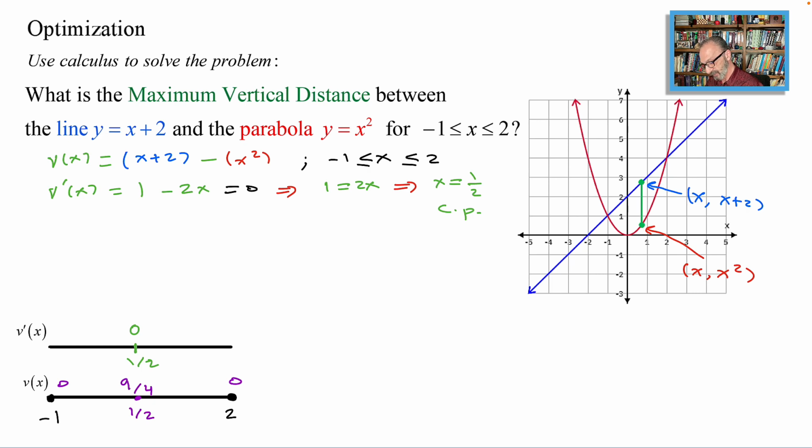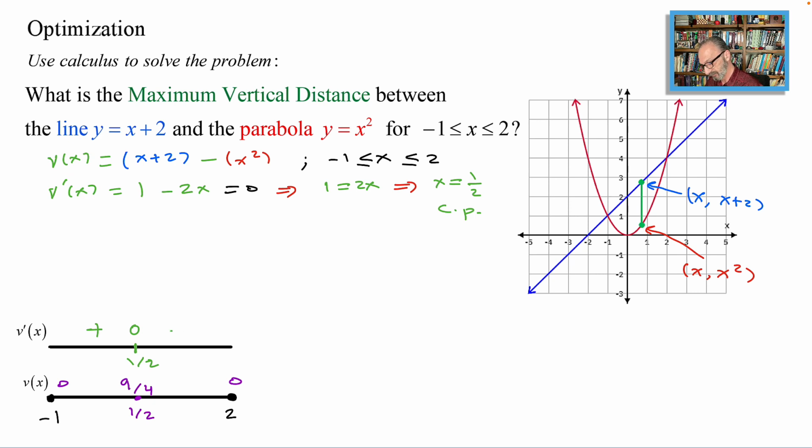For v prime, to the left of half, it's positive. Just plug in any number like 1/4 in v prime, so 1 minus 2 times 1/4 will be positive, and plug any number above half, something like 1, in v prime, and you end up with 1 minus 2 times 1, which is a negative number.